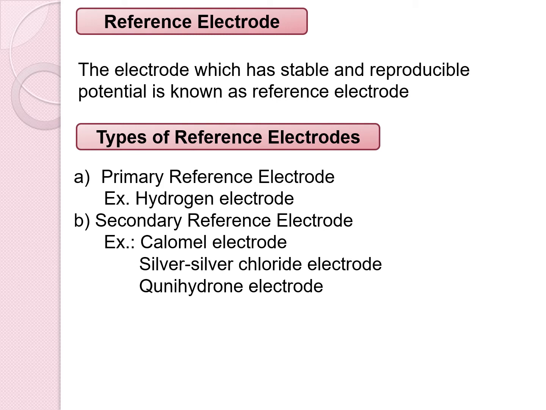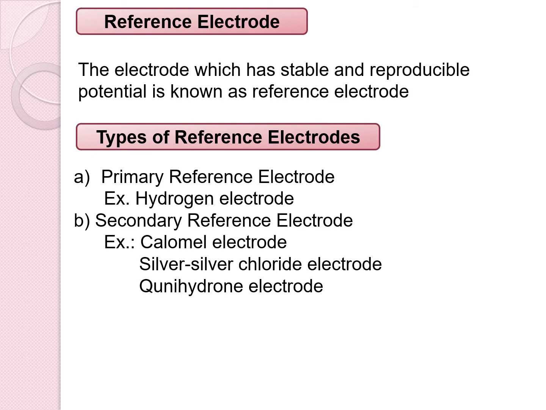Second reason, the potential which is present is stable with time. Stable, or we can say constant with time. Means whenever you use the hydrogen electrode or calomel electrode, they will give you the same value. Like hydrogen electrode always produces 0 volt and calomel electrode will produce a 0.241 volt value.